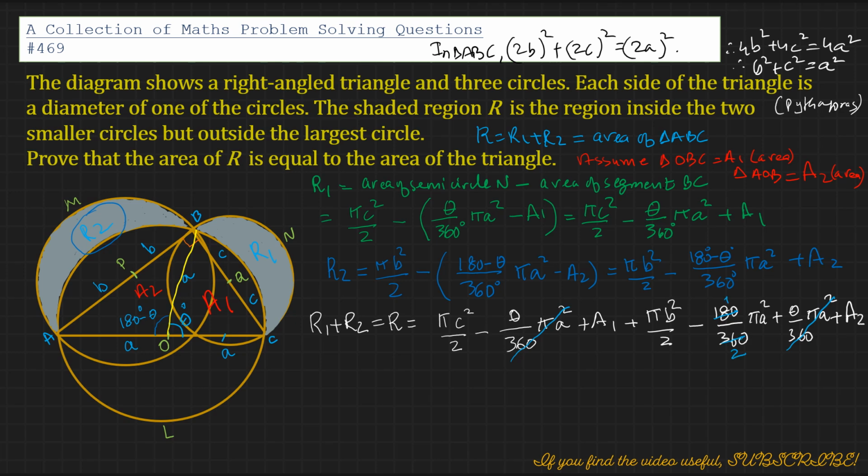So then writing it again, we will say R equals, we have pi out of 2, if we take common outside the bracket, then we are left with c square, so that's this term done, then plus b square, that's this term done, and then minus a square, that's this term done.